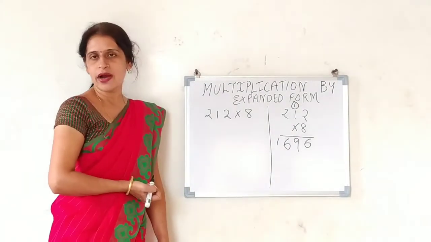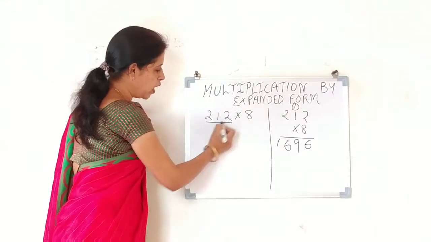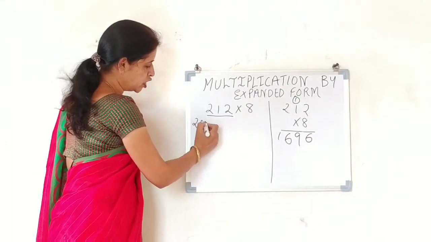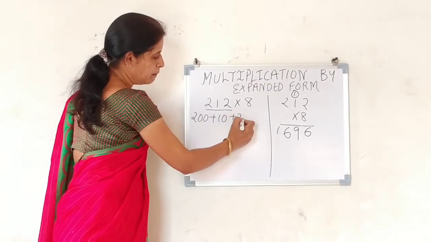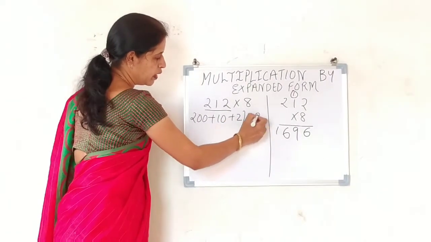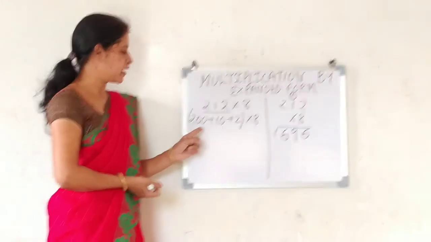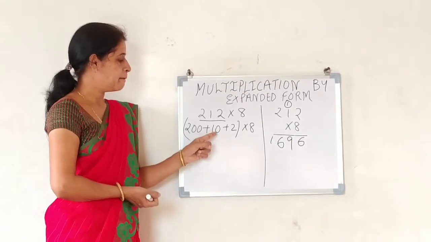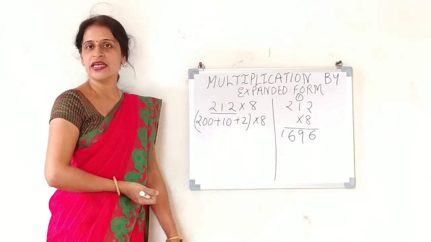Now let's move on to the expanded form. Do you all remember how we expand a number? Now let's expand 212. 212 can be expanded as 200 plus 10 plus 2. What do we get? 212.